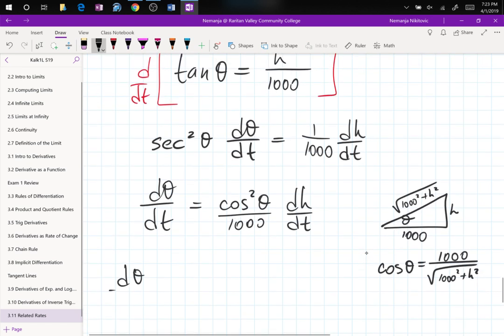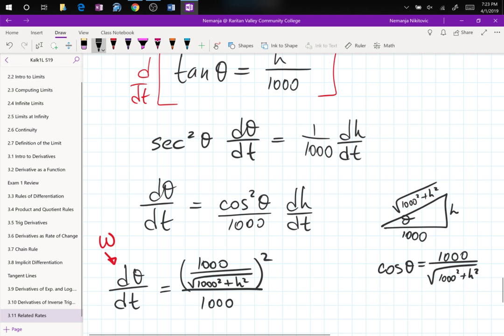So my d theta dt, that's my omega, what I'm looking for, is equal to 1000 over the square root of 1000 squared plus h squared, everything squared, divided by 1000, times dh dt.